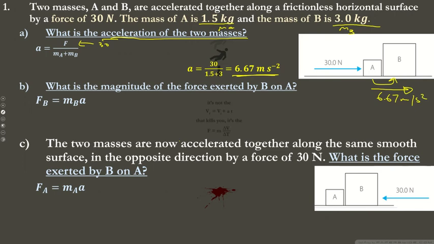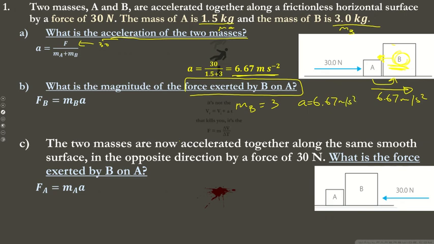If I want to find the force now exerted by B on A, so what's the force that this box is pushing back onto here? We already said it depends on the net force on B. So we need to look at that. So B has a mass of 3 kilograms and it's accelerating at 6.67 meters per second squared.